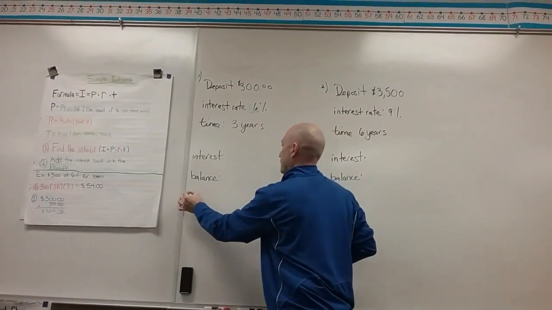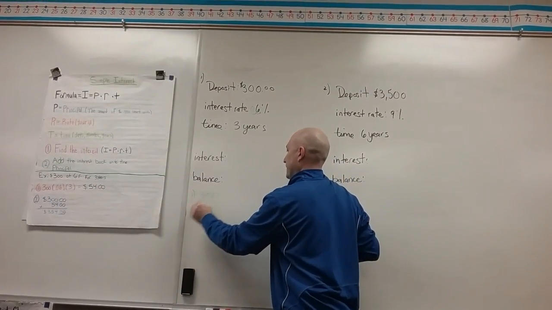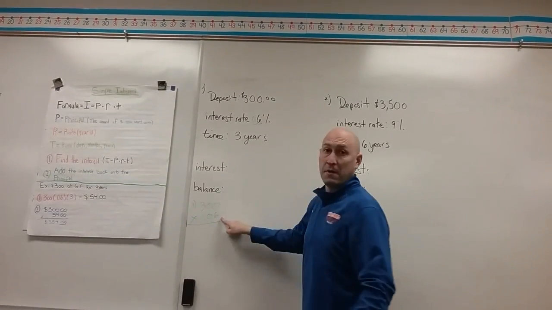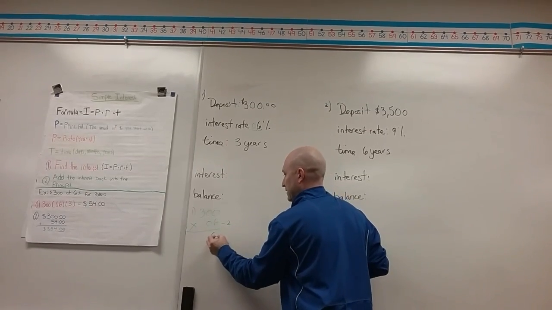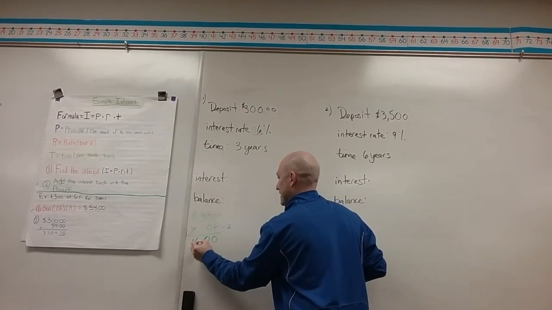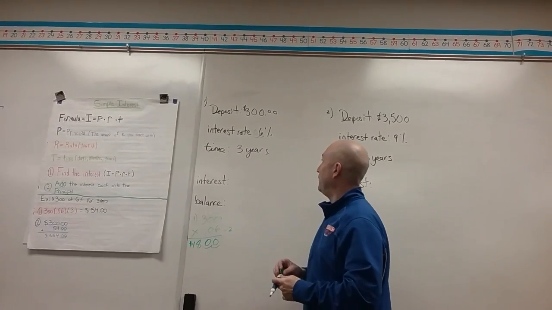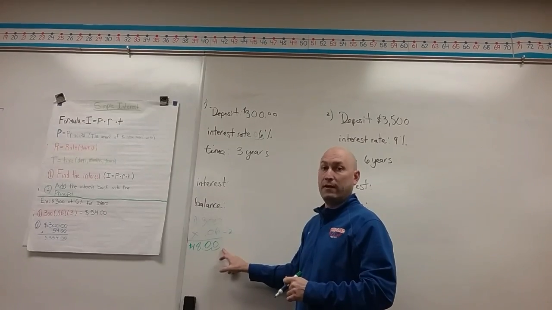In my first step, I'm going to multiply 300 times 0.06, figure my number of decimal places, which is 2, and then multiply. 0, 0, 18, put my 2 decimal places in. So my amount of interest is going to be $18 per year.